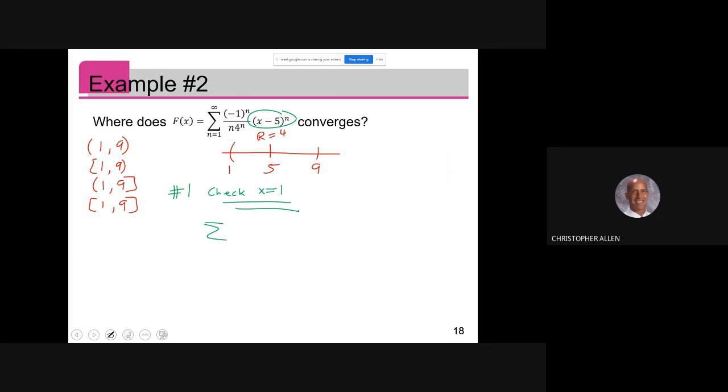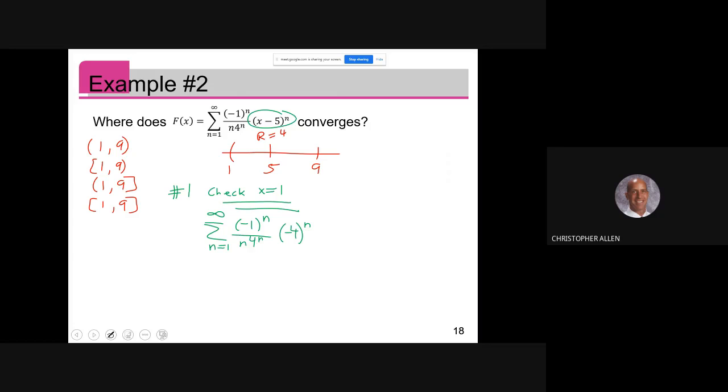It's going to become the sum, n goes from 1 to infinity of -1 to the n over n times 4 to the n times, would that be -1? 4. 1 minus 5. You're right. Correct.